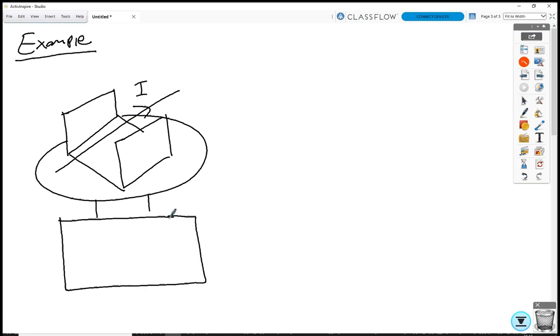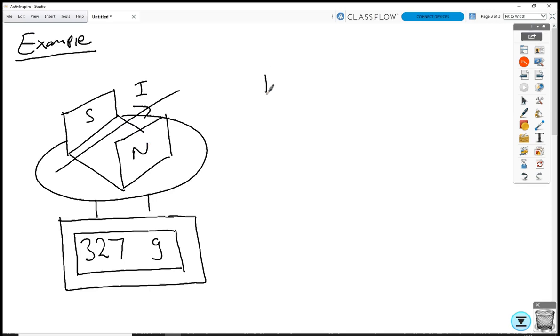So we have a magnet assembly sitting on a balance with a current carrying wire, and this reads 327 grams. We'll label this as south and north. So the magnetic flux density is equal to 0.3 Tesla.